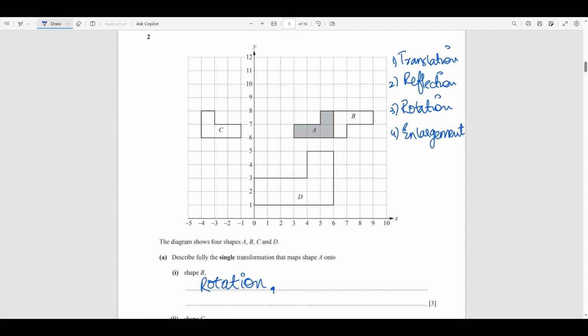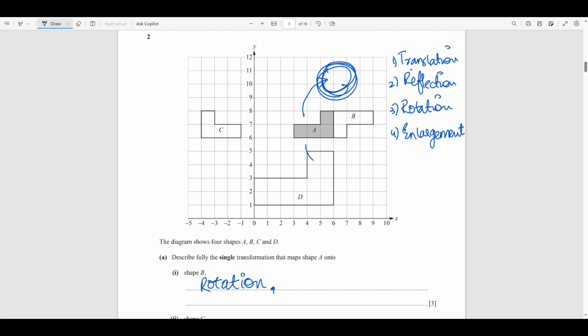So this I think is a 180-degree rotation. If it was 90-degree, one rotation, the shape B will be somewhere here.